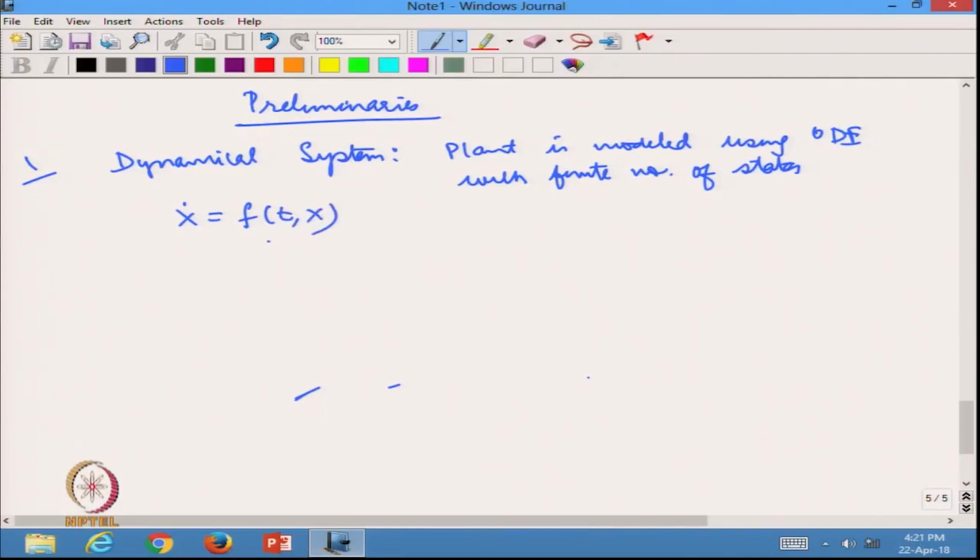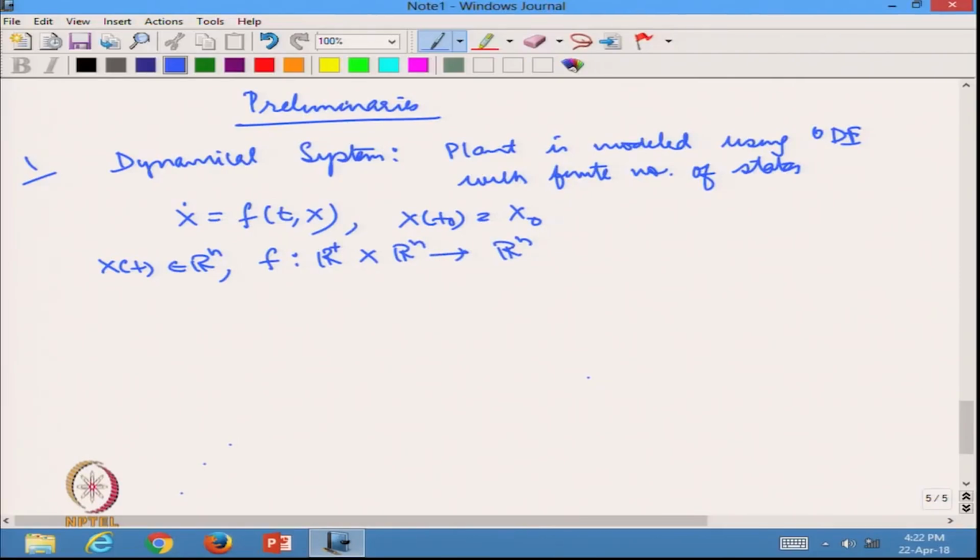is using this equation x dot equals f of t comma x, where f represents any nonlinear function, x as we all know is a state, t is the time, and the system starts with some initial condition at t naught, which is given by x naught. So, x of t goes to R n. F is a function which takes the arguments R plus cross R n to R n.